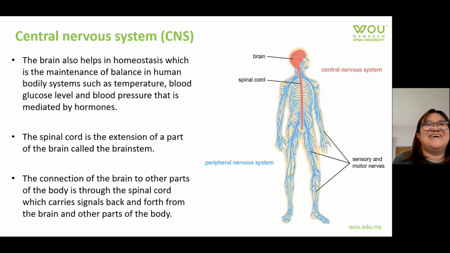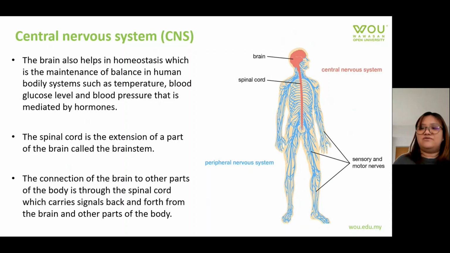It serves as the connection of our brain to other parts of our body. It extends from our brain down our back, connects to all the organs, and carries signals back and forth between the brain and other parts of our body.